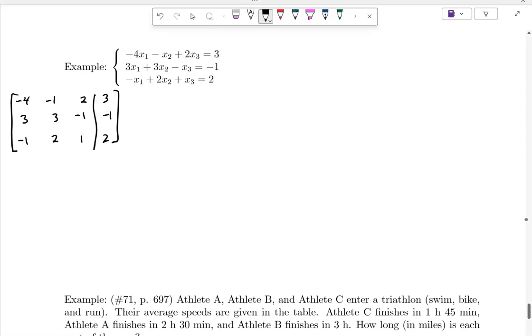Again, first step is to do what? You get a 1, right? Up in the upper left-hand corner. I probably don't want to divide by negative 4 to make fractions. What I'll do instead is I will swap row 1 with row 3 first.